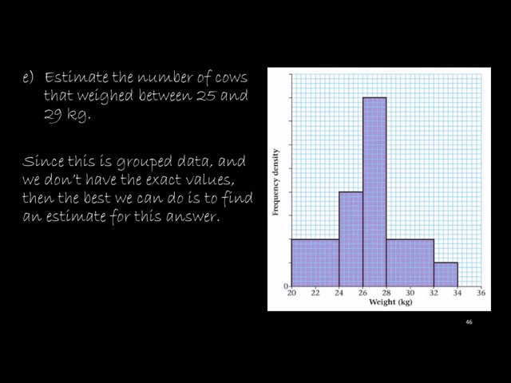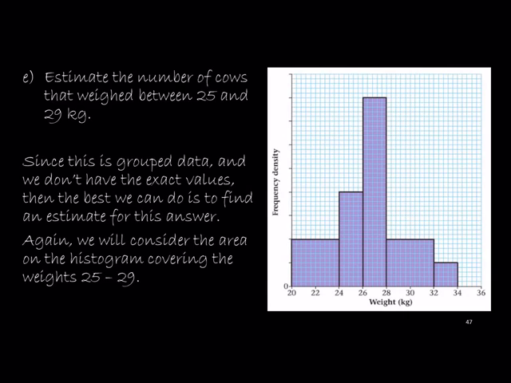The last part is to estimate the number of cows that weighed between 25 and 29. Now this is grouped data, so we do not have the exact values. And that's why the best we can do is to find an estimate for this answer. Again, we're going to consider the area on the histogram covering the weights 25 to 29.